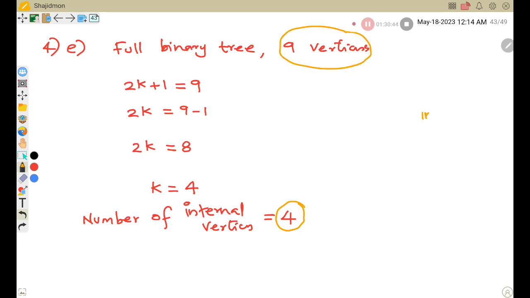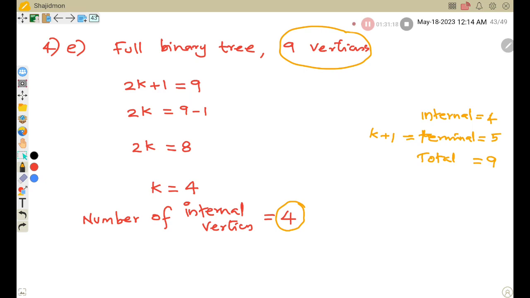As I told you, we always need to check how many internal vertices there are, that is 4, and how many external vertices, that means terminal vertices or leaves. Total number is 9 and internal is 4. So how many terminal vertices will there be? 5, because terminal vertices means k plus 1. K is 4, 4 plus 1 is 5.